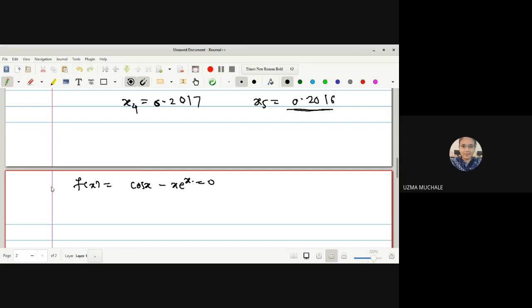Those who have solved, don't try to solve this one because we have to solve it in radian mode in our calci. Those who have a calci, you have to convert your calci into the radian mode. Do you know how to convert the calci to radian mode from decimal to radian?